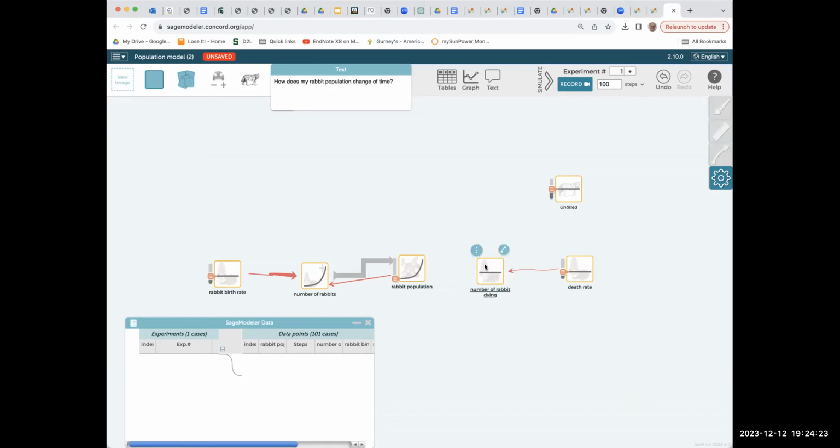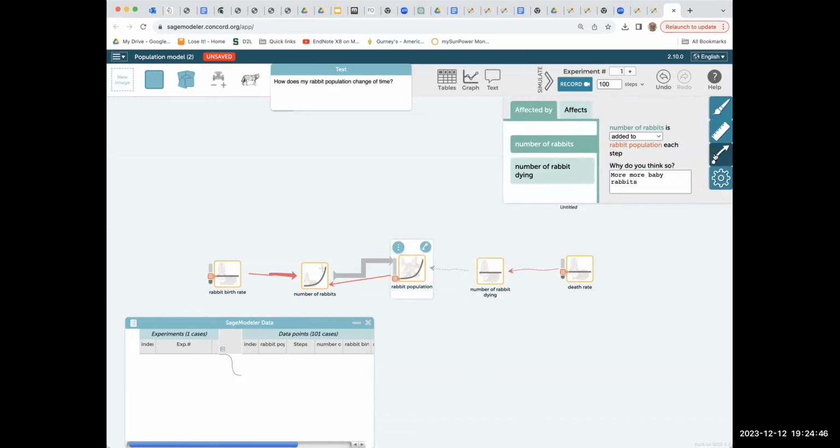So I'm gonna click from my number of rabbits dying to my rabbit population, and because it's flowing into a collector, it should be a flow. So I'm gonna click my relationship arrow now on my right side.